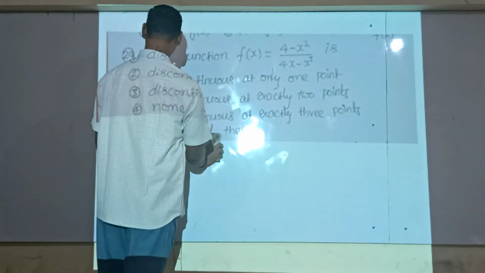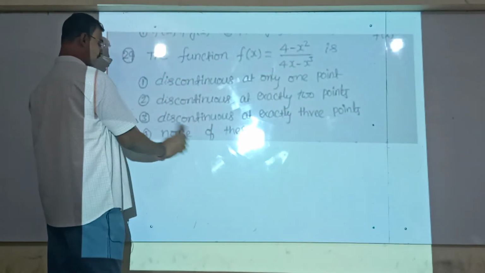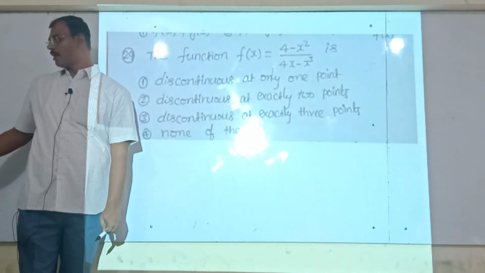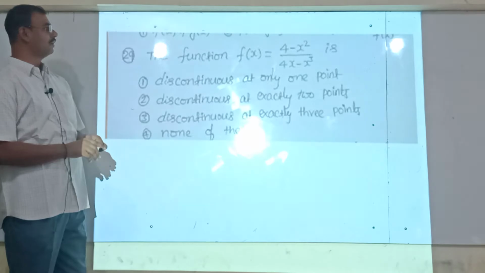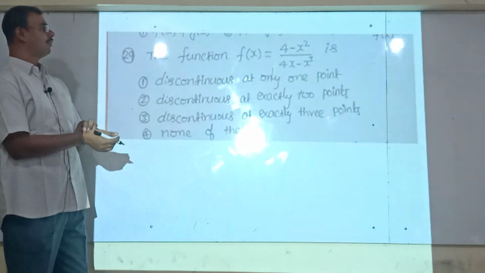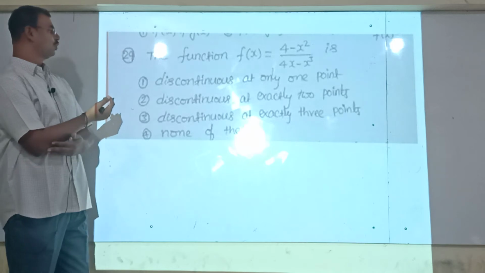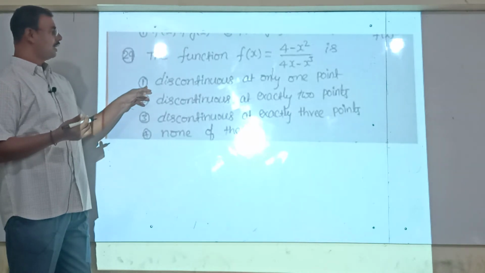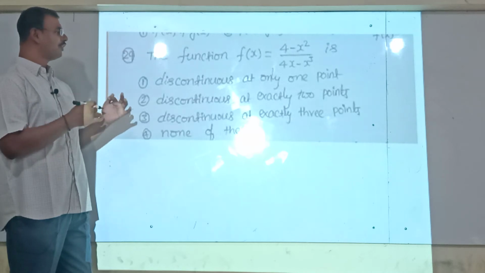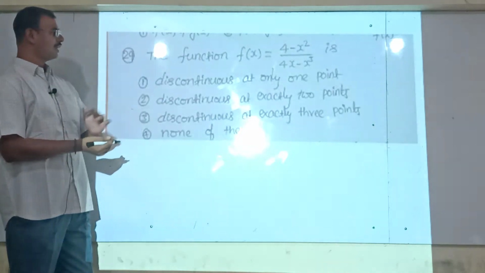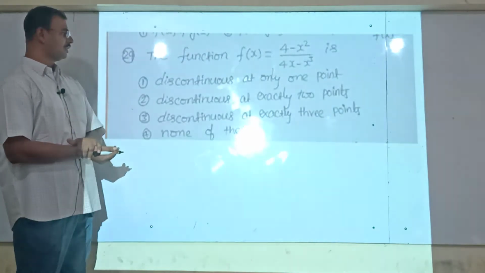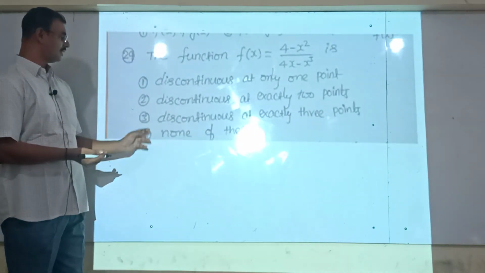See question number 29. The function f of x is equal to 4 minus x square divided by 4x minus x cube is discontinuous at only one point, or exactly 2 points, or exactly 3 points, none of these.